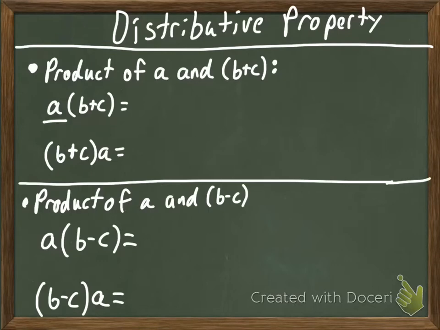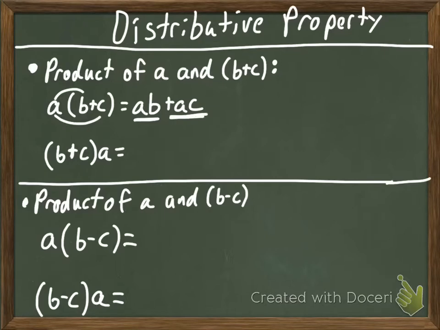So what we do in this case is we distribute A. What distribute means is you're going to multiply A times B and A times C. So A times B is AB, and then plus AC. So we're multiplying both of those terms on the inside by A.